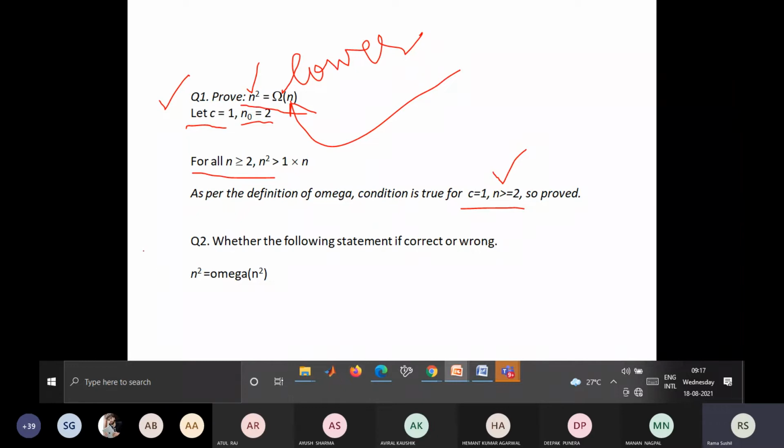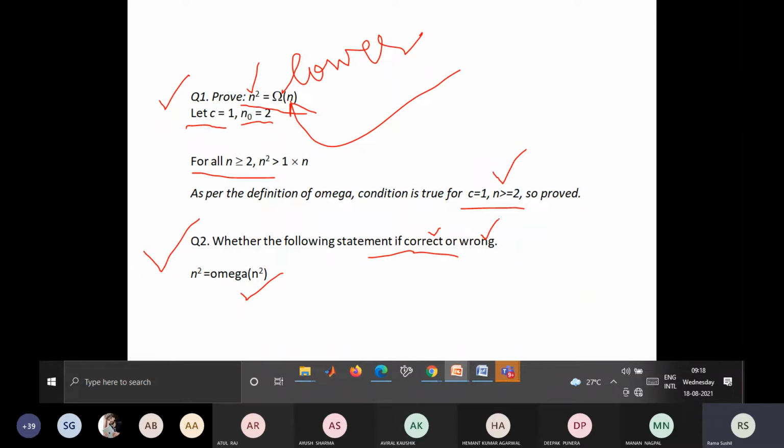Okay, then the next question, to get the idea for this type of topic: whether the following statement is correct or wrong. You have to prove this also, to tell for the correctness if you say it is correct, and for the wrong also if you say it is wrong.